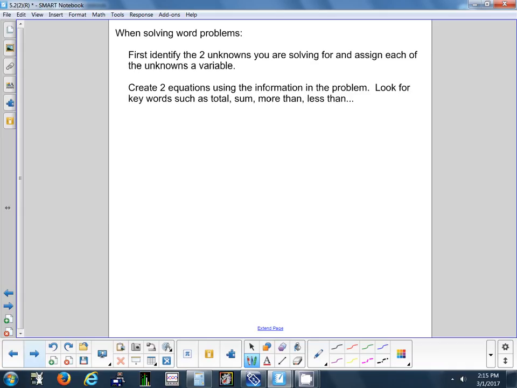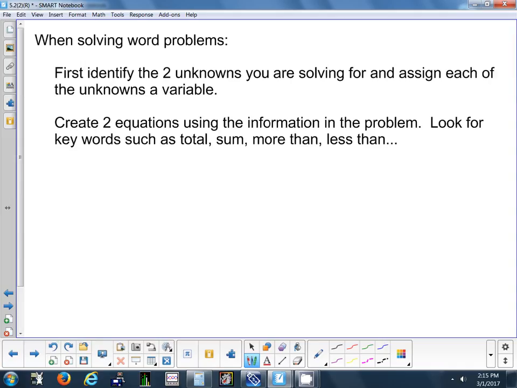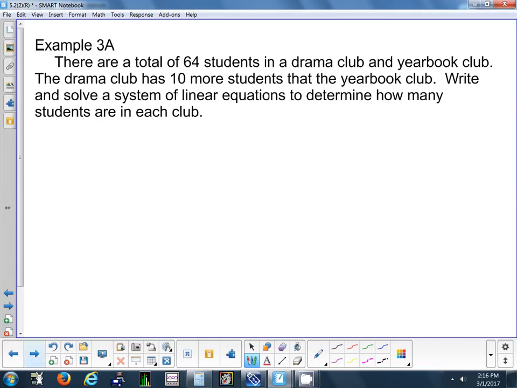Okay, because the word problem's a little tricky because you have to set up an equation and then solve it. Yeah, you have to set up the system. Anytime you have a word problem, the first thing you want to do is figure out what are the 2 things that they're asking me about. Are they asking me about student tickets and adult tickets? Are they asking me about 2 different clubs, drama club, yearbook club?